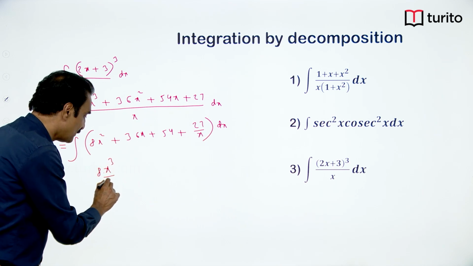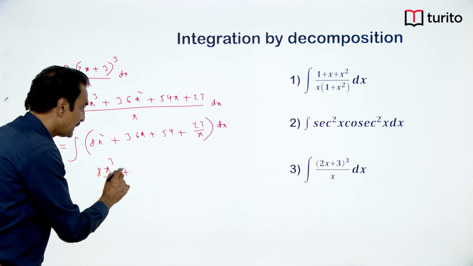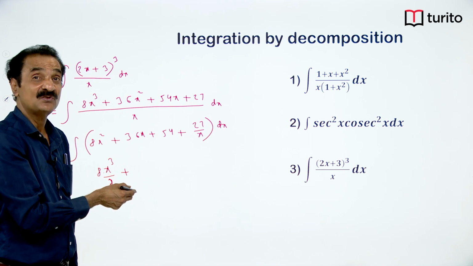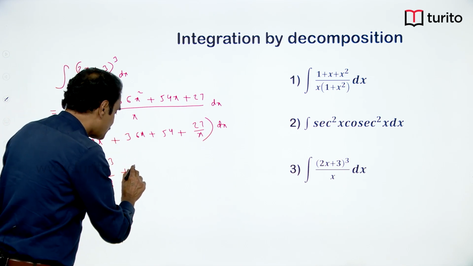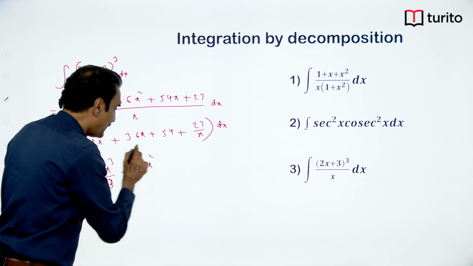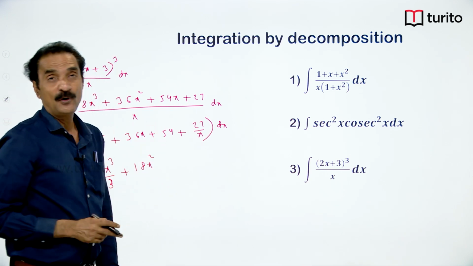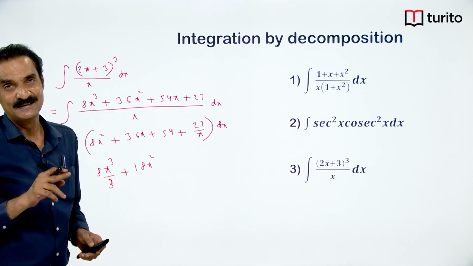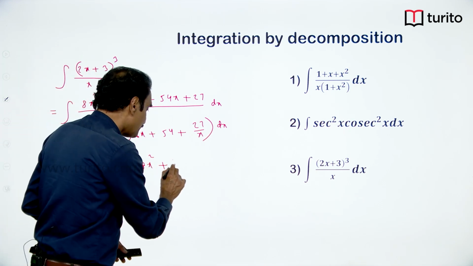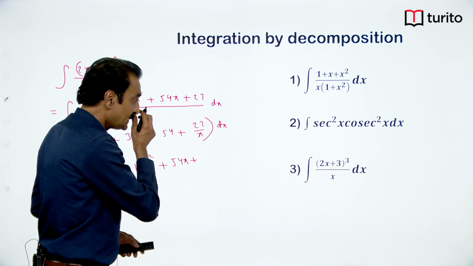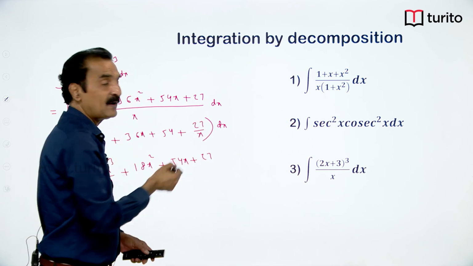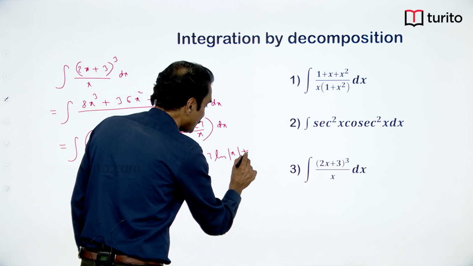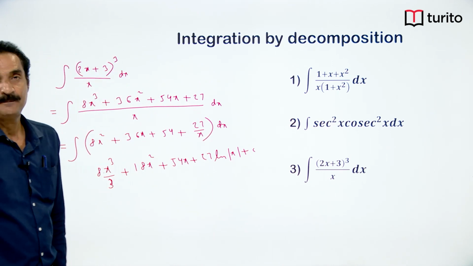So, 8x cube by 3 plus 36x. Integral of x is x power 1 plus 1 by 1 plus 1, that is x square by 2. So, this 36 becomes 18x square. 54 is a constant. So, take it as 54 into 1, we know that integral of 1 is x. So, integral of 54 is 54x, plus 27 into integral 1 by x is ln mod x, plus c. Okay.